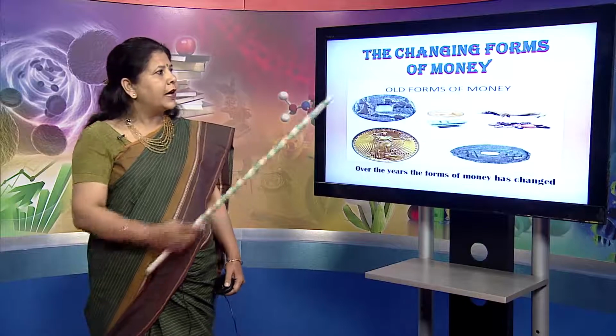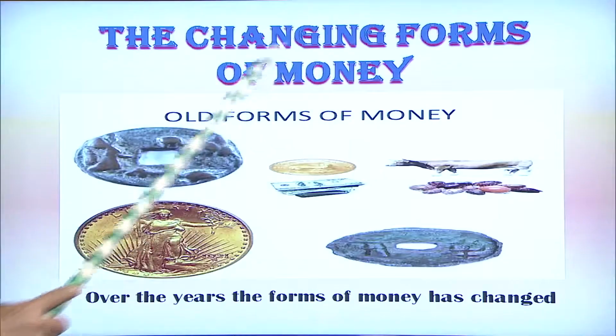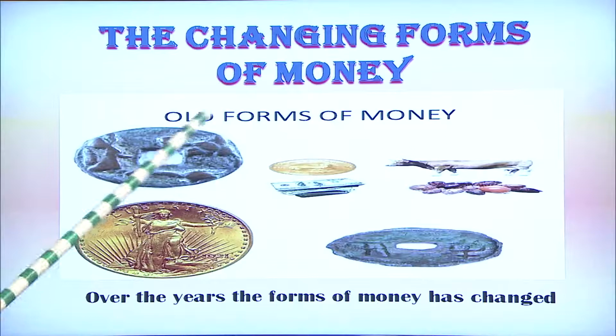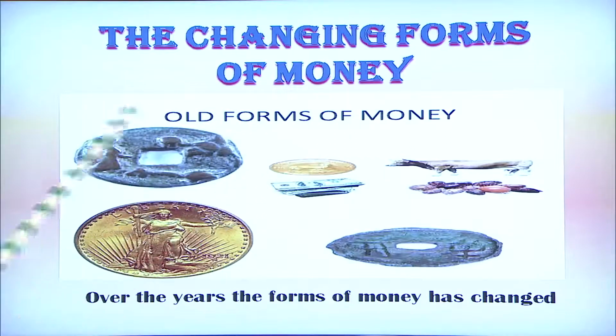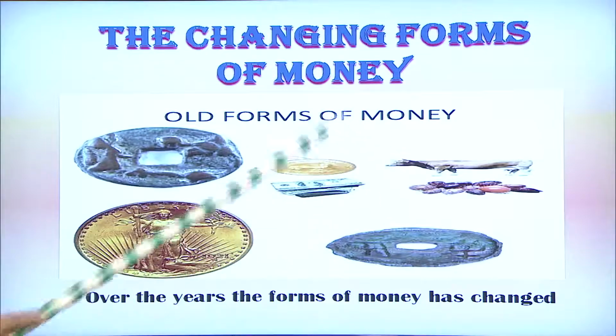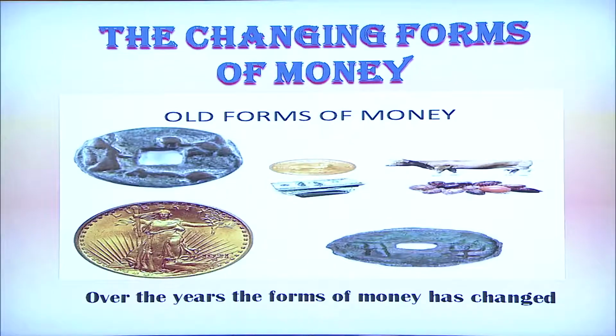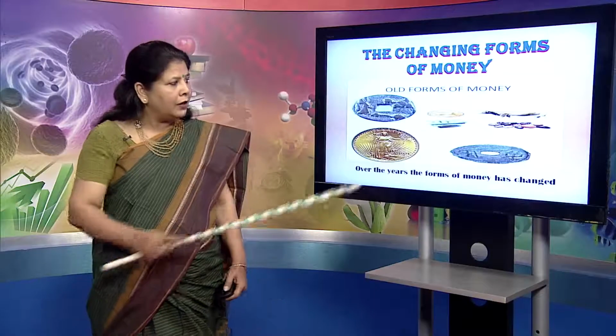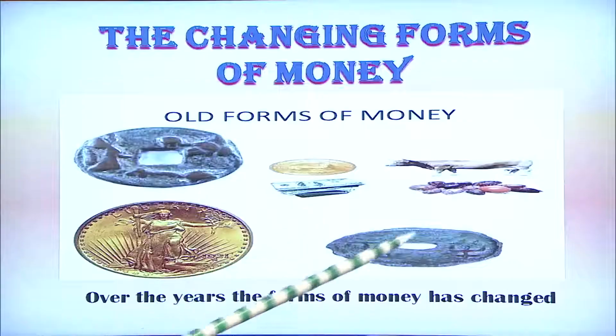Let us now understand the changing forms of money. The old forms of money, as you can see, have been evolving from cattle to salt to seashells and then to various metallic coins, with a hole in between, so they could be strung or put into a kind of necklace form.